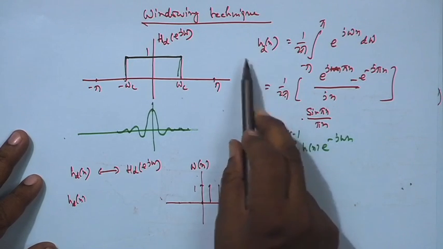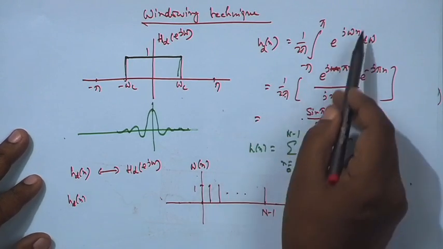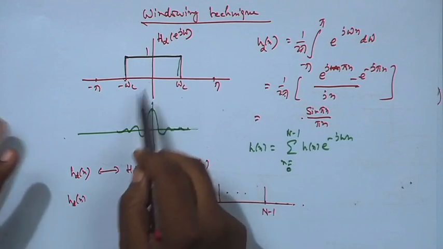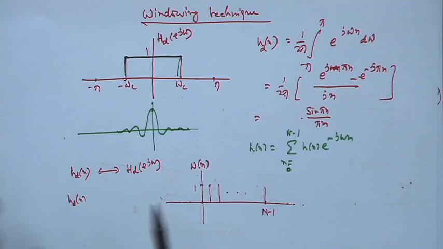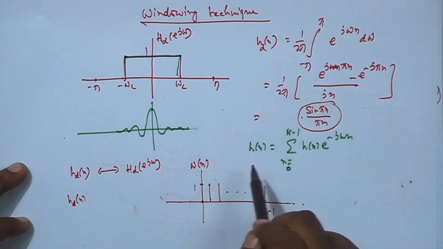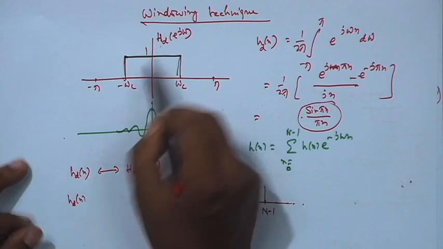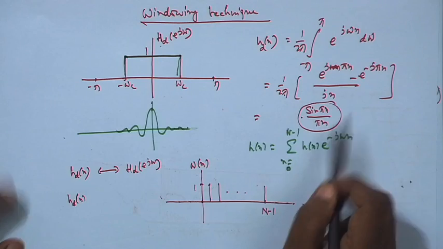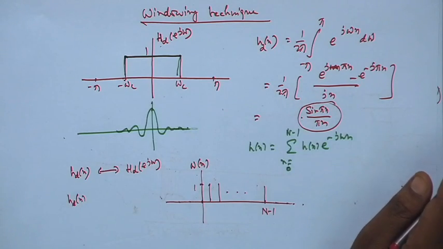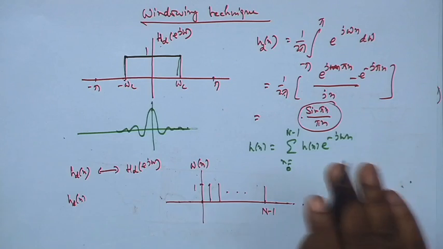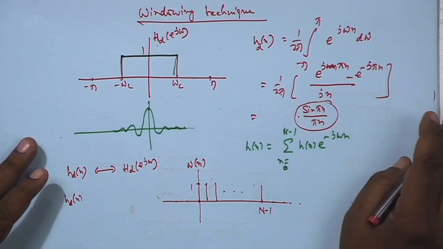So, h d n which comes by inverse Fourier transform of whatever be the desired response, here it was this, it could be anything, any desired response, let us call it h d n. That is why I am not sticking to this form, because H d e to the power j omega could be anything else, not just this. So, when I take its inverse transform, it is in general IIR, but IIR filters I am not bothered about, neither am I interested in non causal designs.